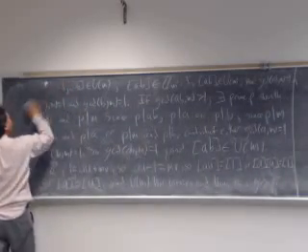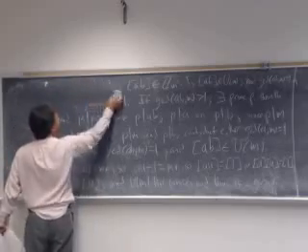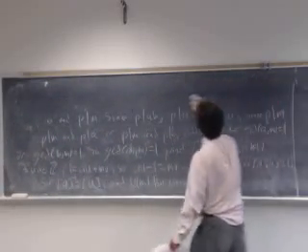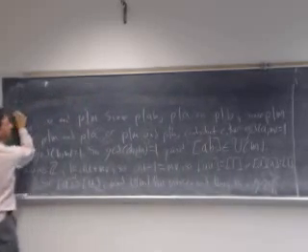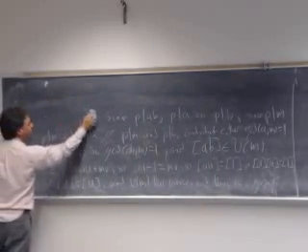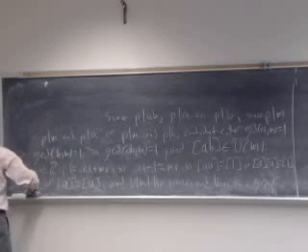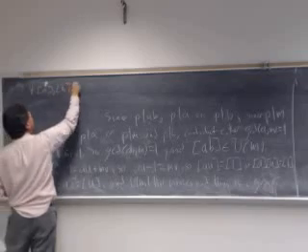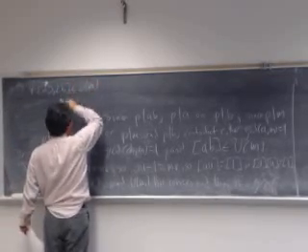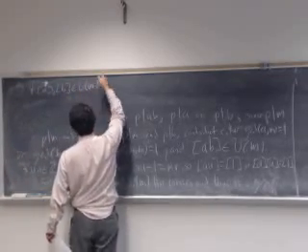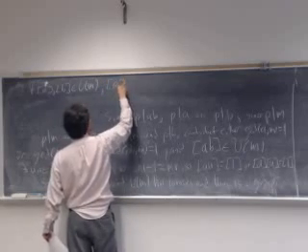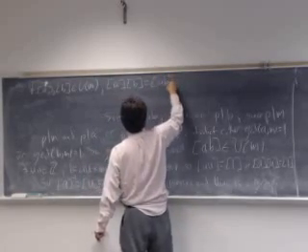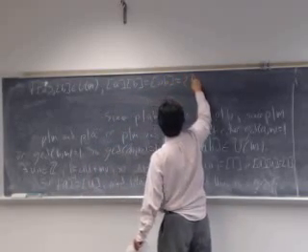So for any two cosets in UM, this is actually true for any two cosets in ZM, AB, by definition of multiplication, is that.